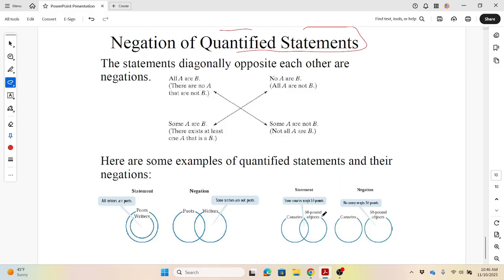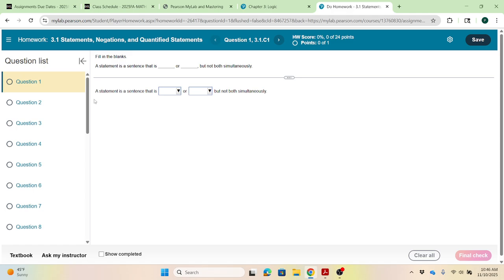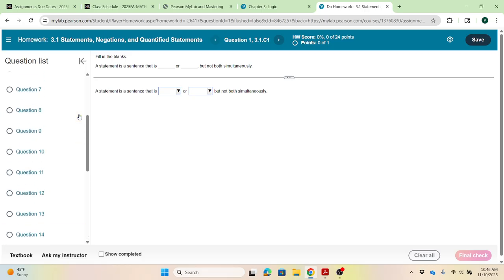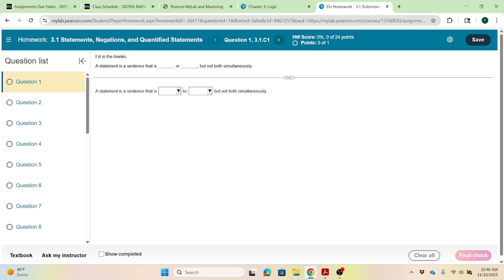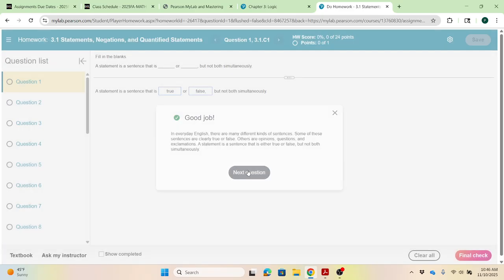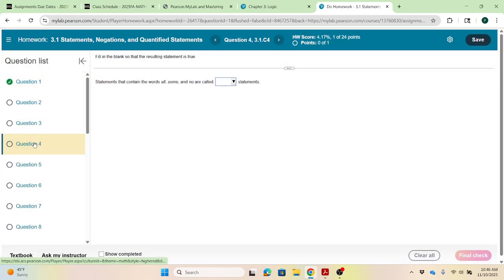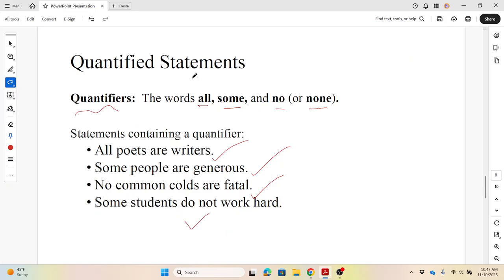Okay, so let's look at some examples. Fill in the blanks. A statement is a sentence that is true or false but not simultaneously. Statements that contain the words all, some, and no are quantified statements.